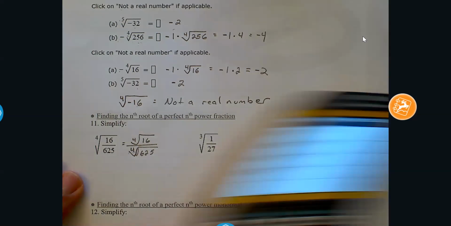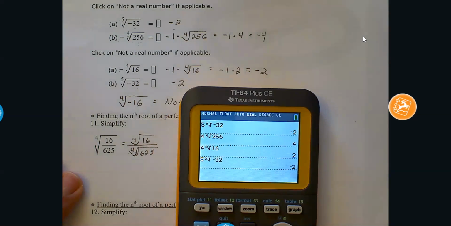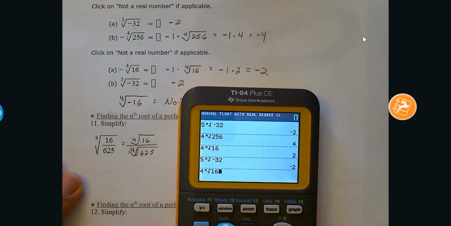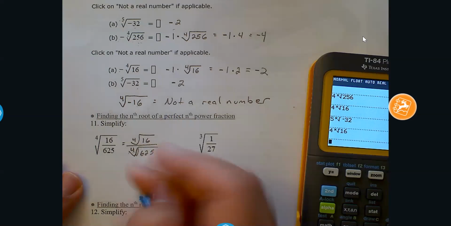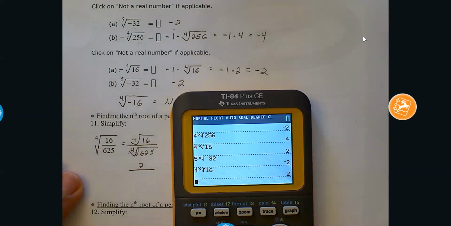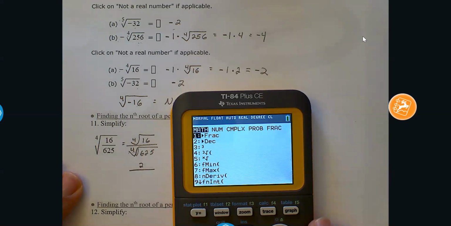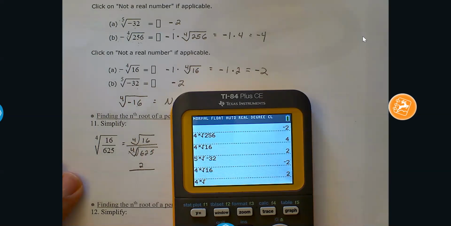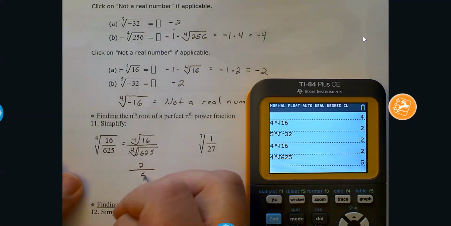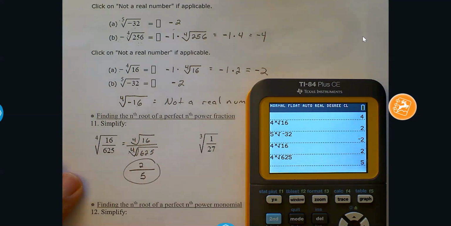Okay, so the fourth root of 16, so 4, math, option 5 of 16 is 2. And the fourth root of 625 would be 5. Our answer would be 2/5.